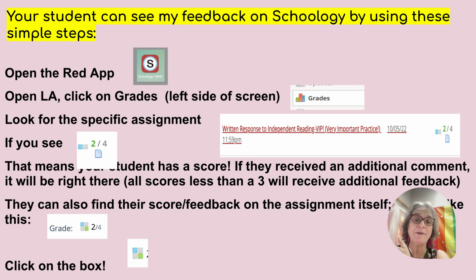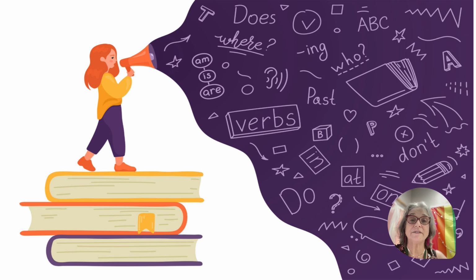So they can take my feedback, maybe they revise it. They didn't get the score they wanted. They want to go a little bit higher. They can take my feedback and they can do that. And again, up to 3 times. And I'm letting you know that. So if your student's like, I don't know where my feedback is, you can see that it's really easy for them to see their feedback. The nice thing about the red Schoology app is when you open up grades in the course, you will see all the feedback for all of their assignments.